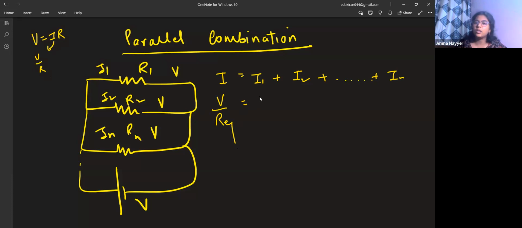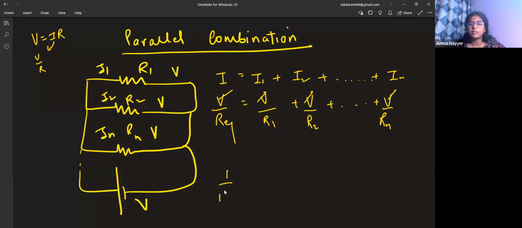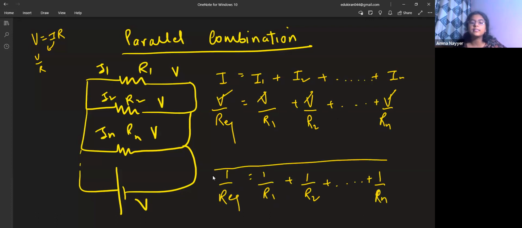No. Potential will still be V. So, V by R1 plus V by R2, up till V by Rn. All the potentials get cancelled. What are we left with? 1 by R equivalent is equal to 1 by R1 plus 1 by R2, and keep on adding all the resistors reciprocally. If you add all the resistors reciprocally, you get the equivalent resistance of the parallel combination.